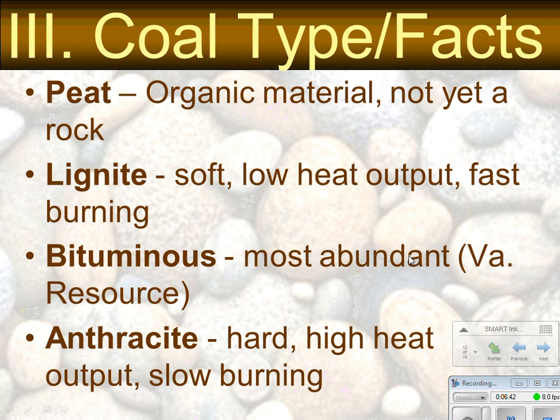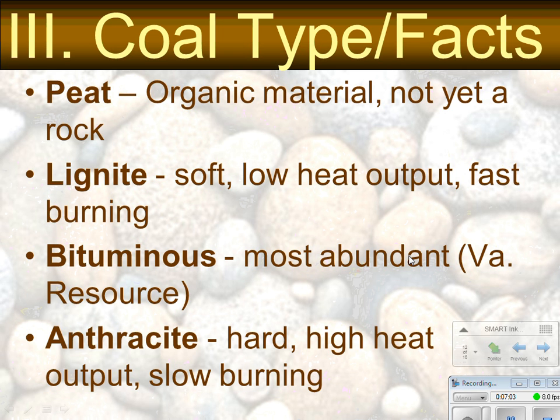And then some different things about coal. Generally, coal is going to be from sedimentary rock, although it can be from metamorphic rock. And there are some different types of coal. You've got peat, which is made from organic material that isn't yet a rock.